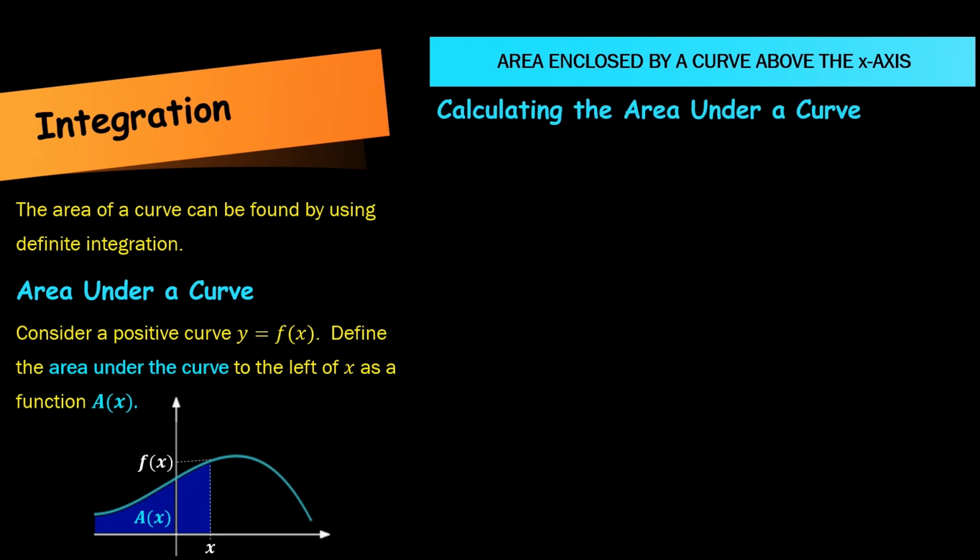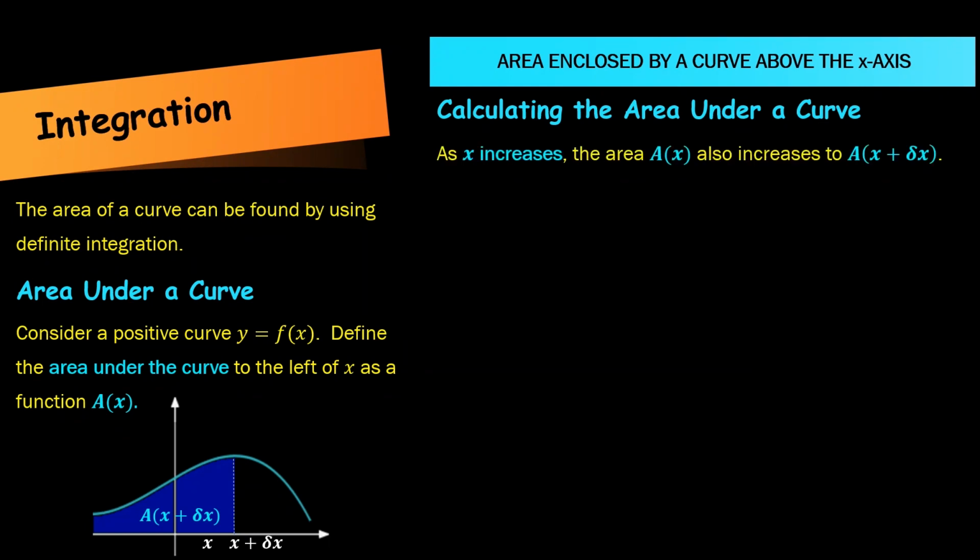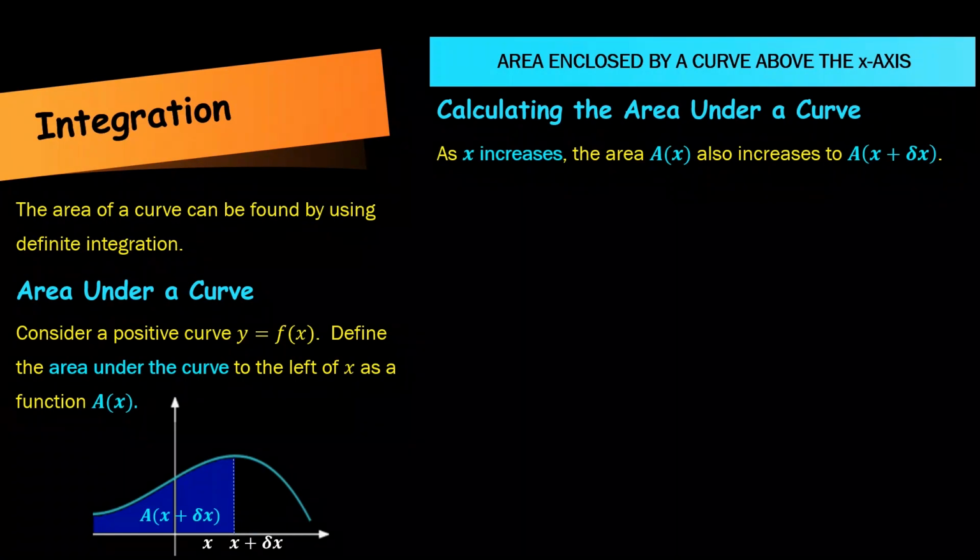Now if x increases by a small amount, say delta x, the area now changes to A of x plus delta x. As x increases, the area A of x also increases to A of x plus delta x.